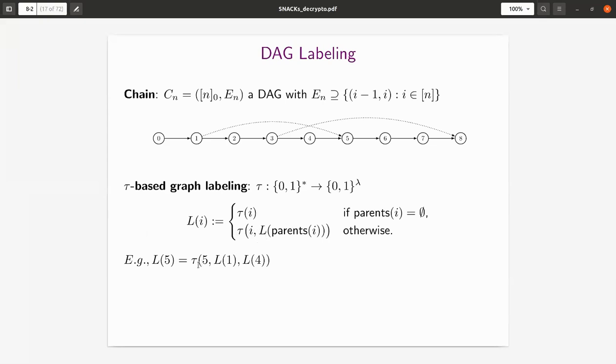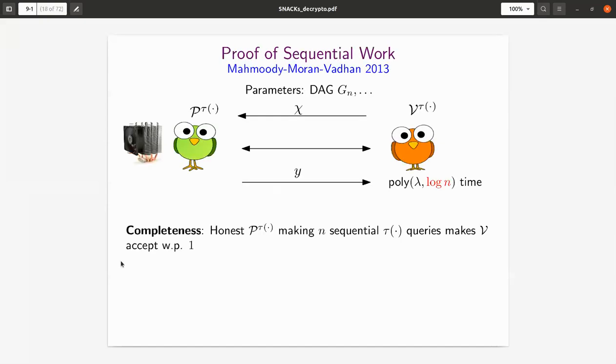In this case, for example, if you want to label node 5, you apply the random oracle to the label of 4 and the label of 1 alongside the index 5, and you get the label of 5. So you can label this graph using this oracle. Very natural and well-studied labeling.